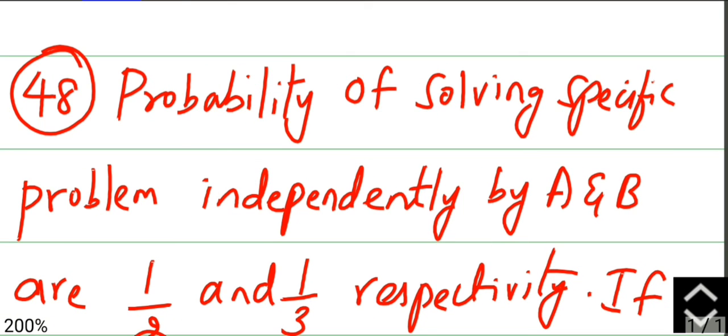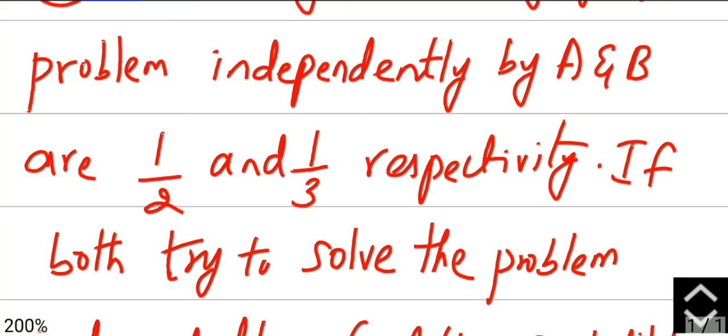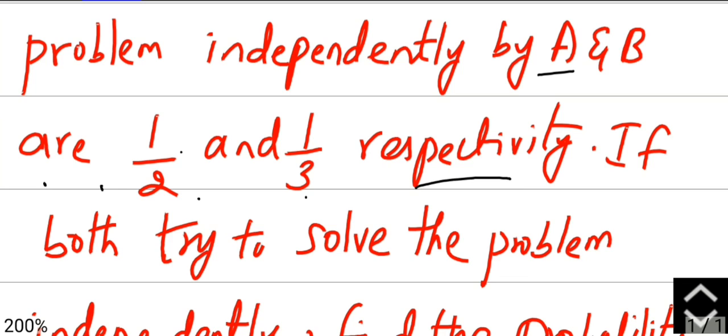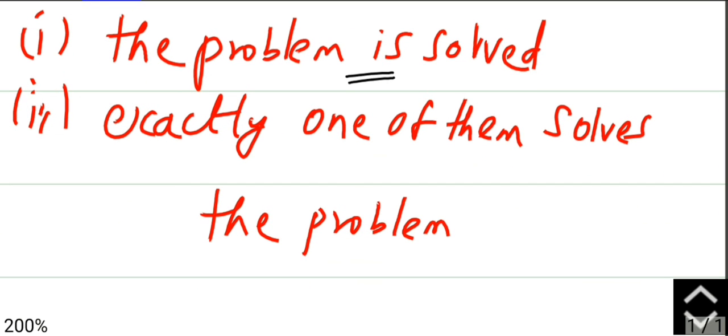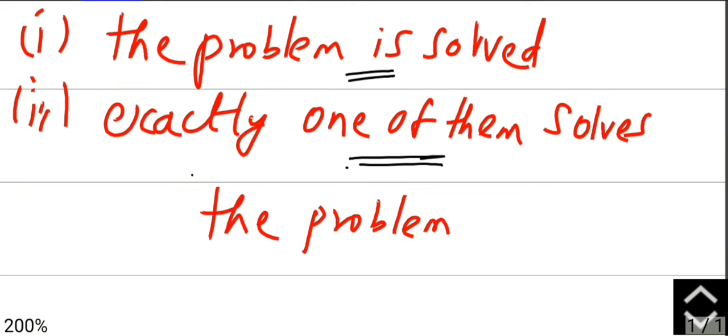Then the 48th question: the probabilities of solving a specific problem independently for A and B are 1 by 2 and 1 by 3 respectively. If both try to solve the problem independently, find the probability that the problem is solved, and the second is exactly one of them solves the problem.